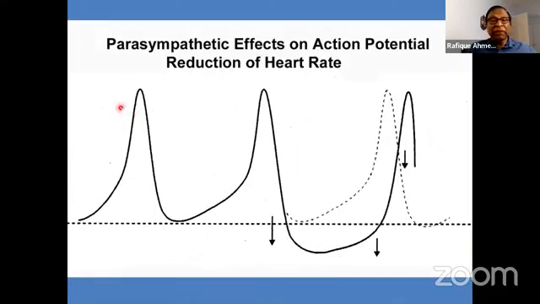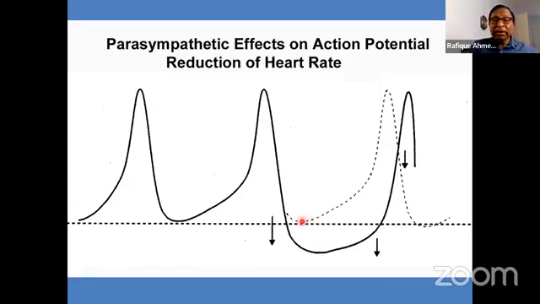What will happen with parasympathetic? If this is the heart rate and there is increased vagal tone, the membrane diastolic potential will go down, and it will take more time to reach the threshold, and that will slow the rate. So that's the mechanism of vagal action. And the reverse will happen with sympathetic tone, where the membrane diastolic potential will become less negative.